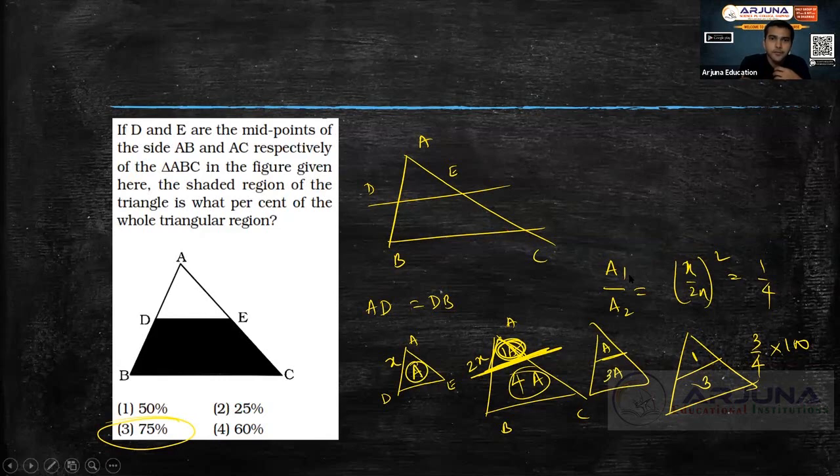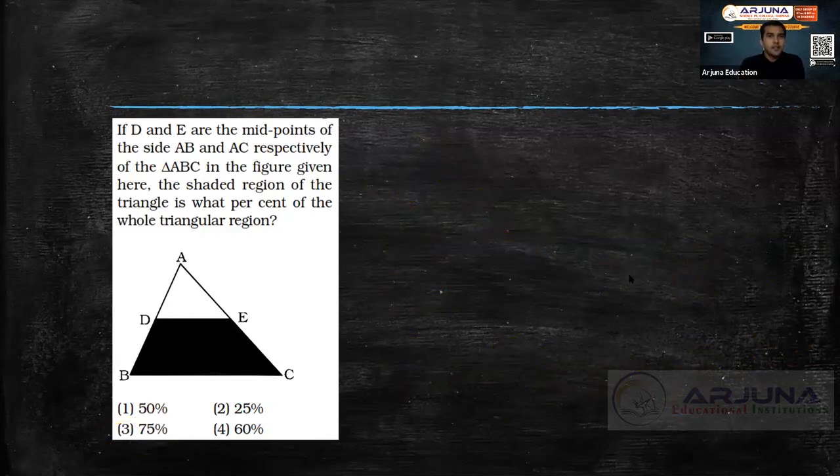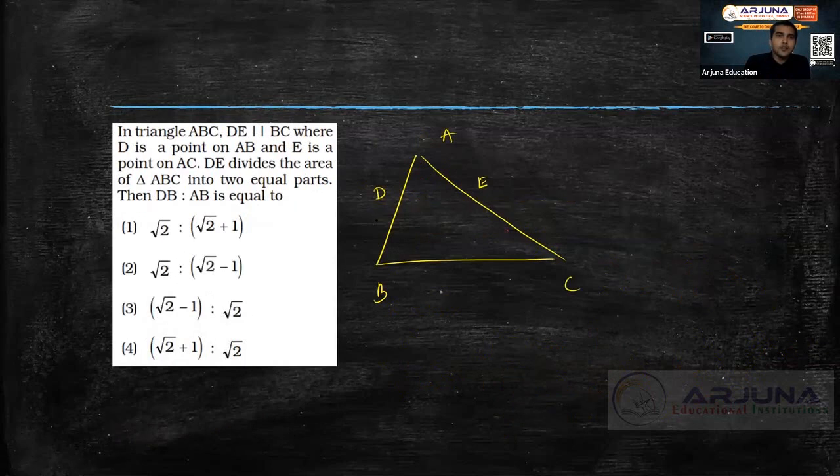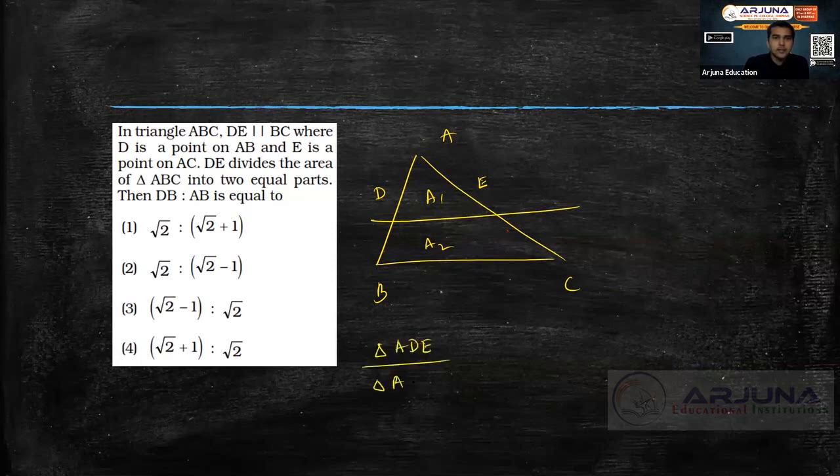Okay, so next one. Here the areas they have given. This is area 1, this is area 2. So area 1 is equal to area 2. And we know that I will write like this: area of ADE divided by area of ABC is equal to AD divided by AB the whole square.